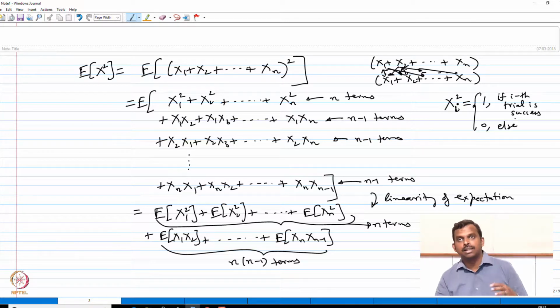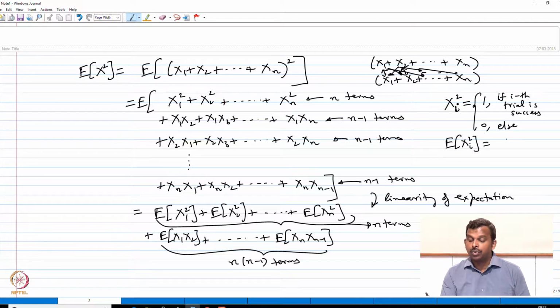It's the same thing. xi squared and xi are exactly the same because xi just takes 0 and 1. So that's very useful. If you actually compute expected value of xi squared, you'll simply get p again. The same calculation as before.